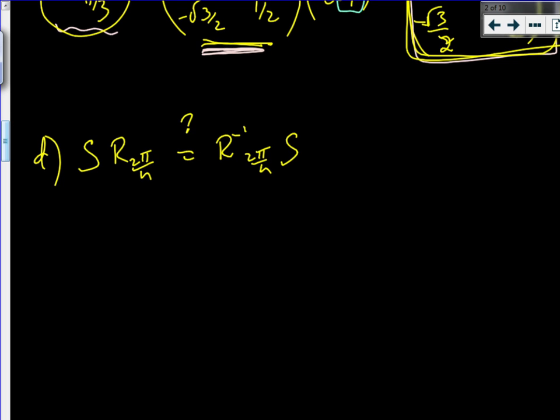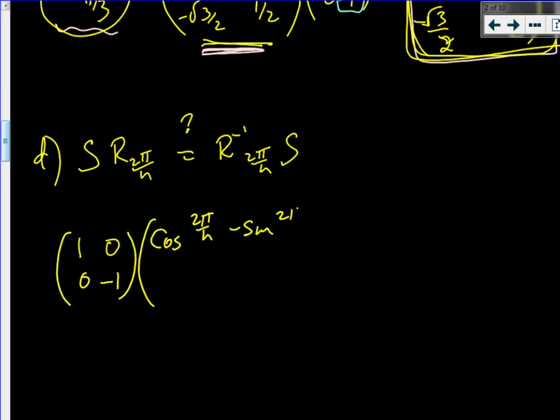Okay. So you have S, which is 1, 0, 0, negative 1, times the cosine of 2 pi over n, negative the sine of 2 pi over n, the sine of the angle, which is 2 pi over n, and the cosine of 2 pi over n.